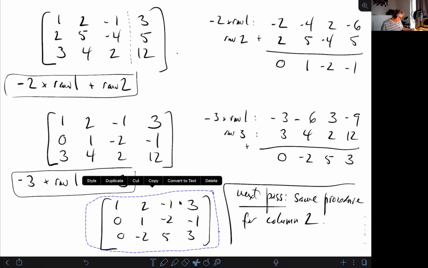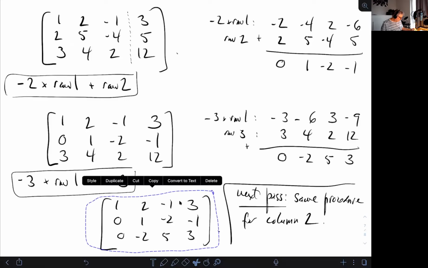So what we get is this: 1, 2, -1, 3, 0, 1, -2, -1, 0, 0, 1, 1. Now you see this is in the form we wanted. Of course, you don't have to write the corresponding system if you don't want to, but I'm going to do it here so that you can see what's going on.